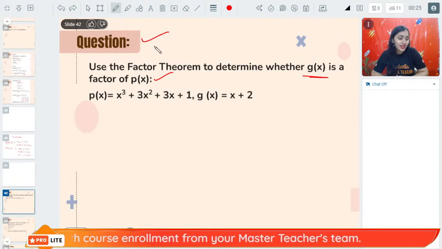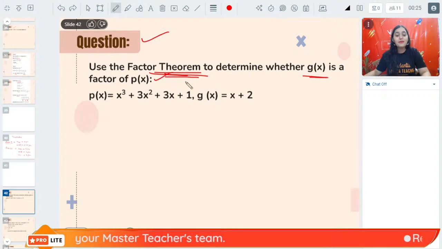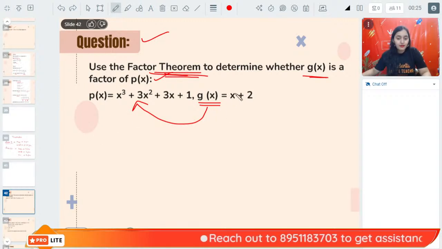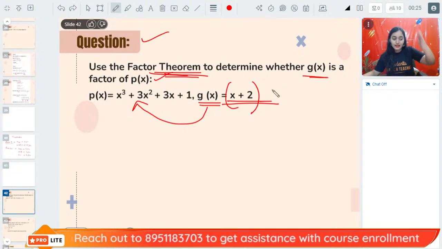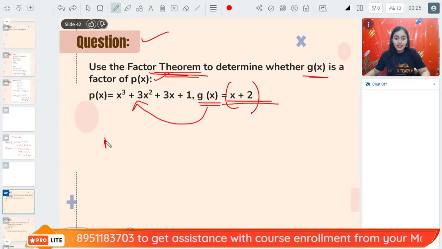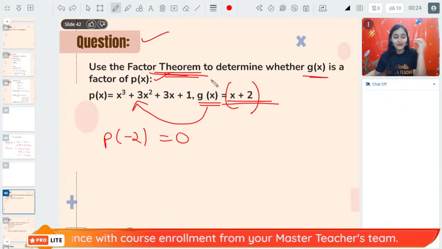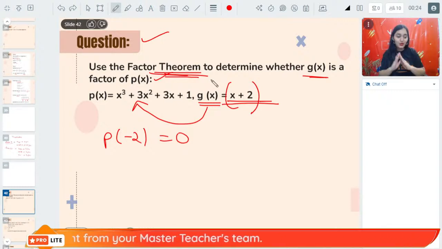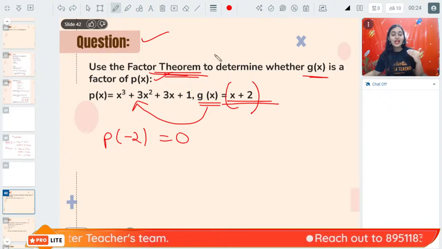Why trial and error, Chetna? We are using the factor theorem. Factor theorem says that if g(x) is a factor of p(x), then what is g(x)? x plus 2. So if x plus 2 is a factor of p(x), then p(minus 2) will be equal to 0. Why are you guys not understanding factor theorem? Why are you so confused? No, no, no, not r equals 0, not x is equal to 0.